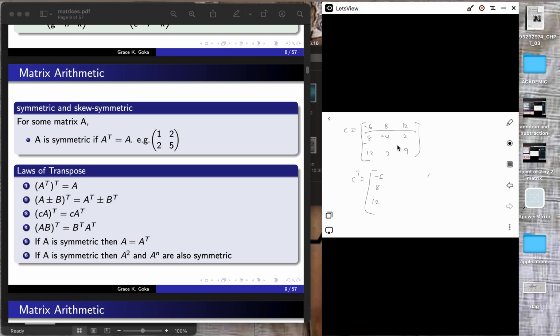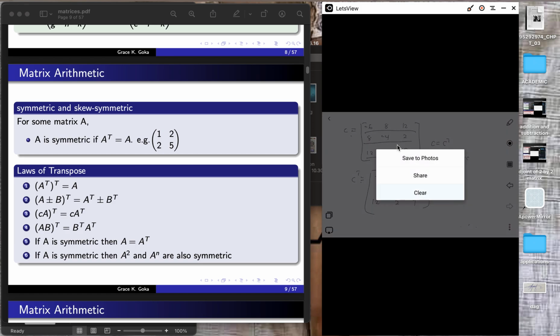Pick the second row, which becomes a column 8, -4, 2. Pick the third row, which becomes a column 12, 2, 9. Once again, C and C transpose are the same. Therefore, C is a symmetric matrix.